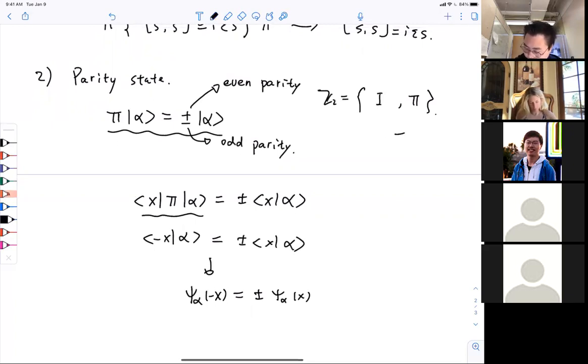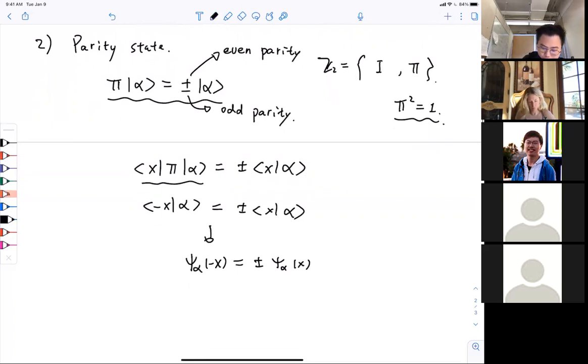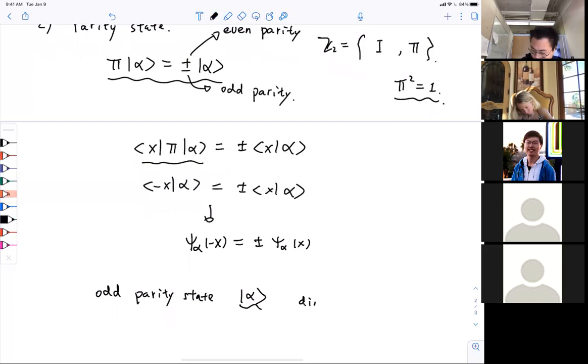So with this relation, this is a Z2. For an odd parity state, let's say alpha, this is a one-dimensional space.